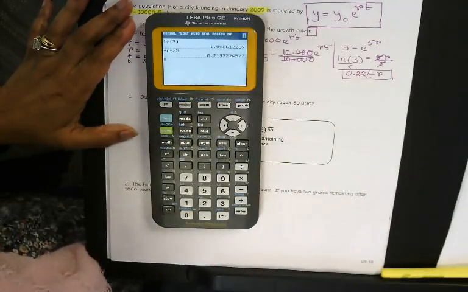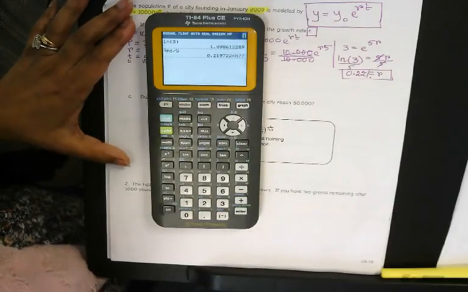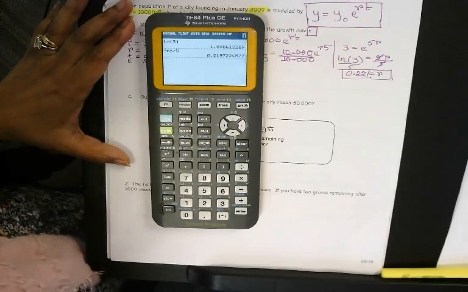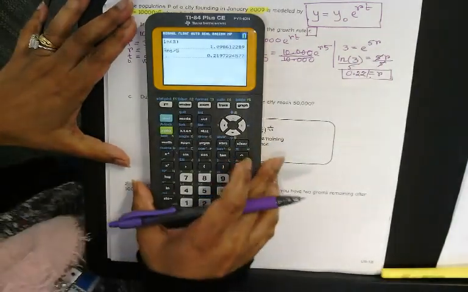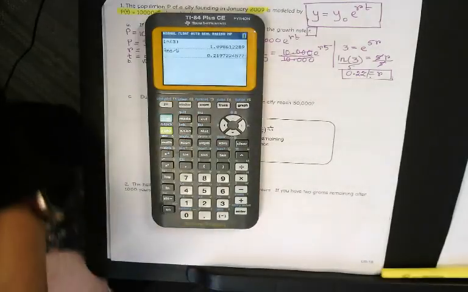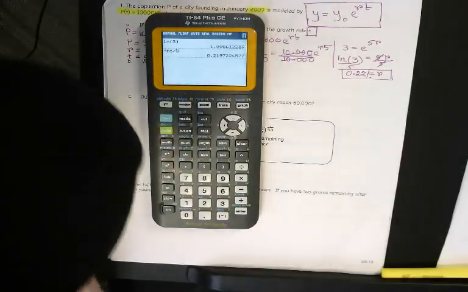Question. Are we good? Can I get a thumbs up, please? If everybody is good with it? Are we okay with how we got rid of the e? Perfect. That part is confusing me a little bit. So, what do you do if you are trying to find the e value?